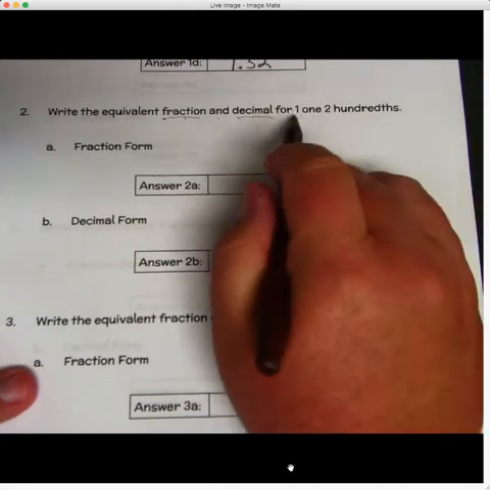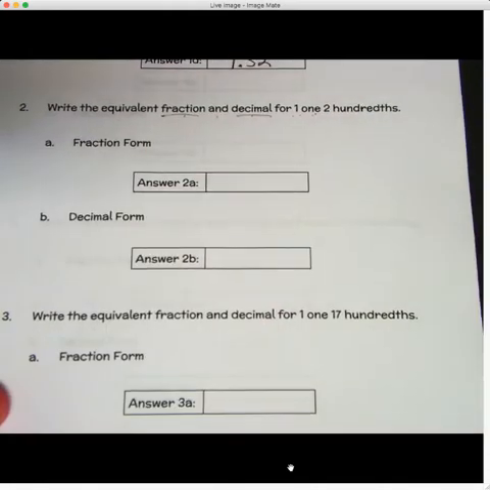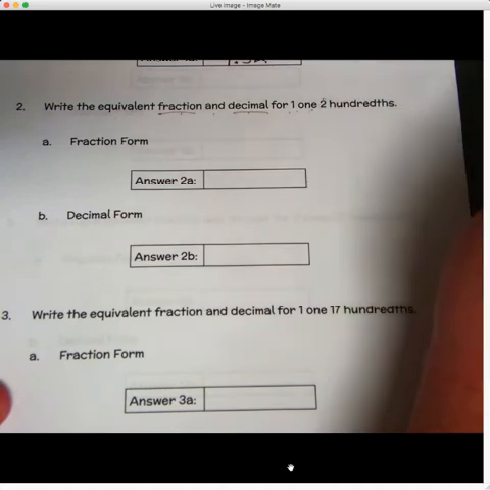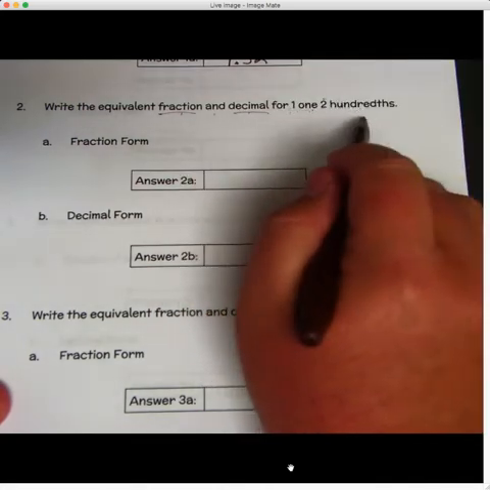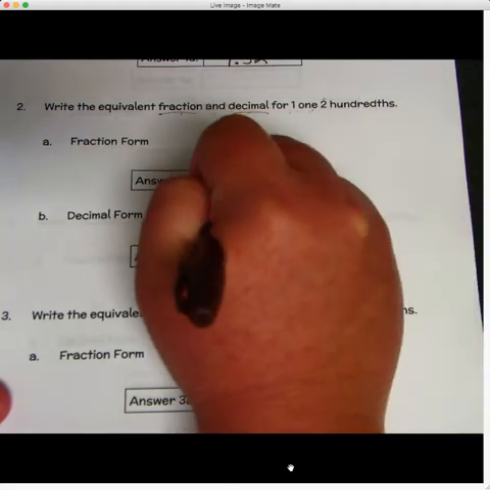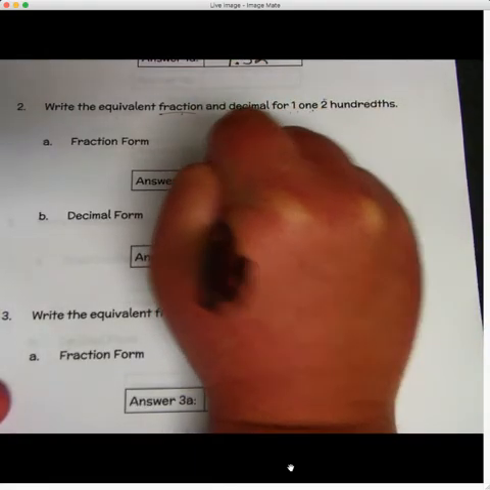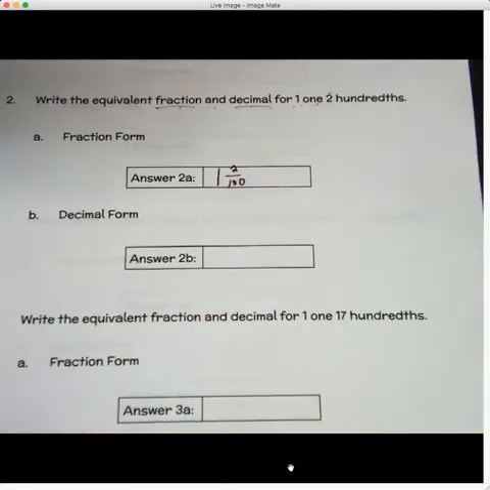It means we have 1 in the ones place and a 2 in the hundredths place. So it would be okay to say 1 and 2 hundredths, but this is called unit form. So we're going to see this today. Now I wrote it like this because we have to write the fraction form. So 1 and 2 hundredths.